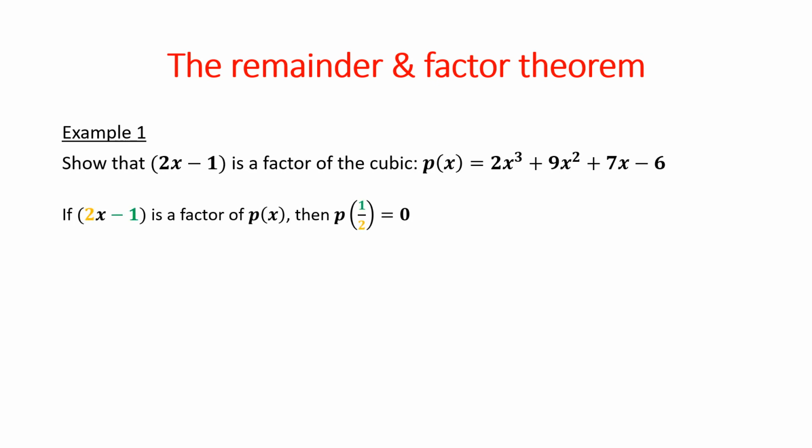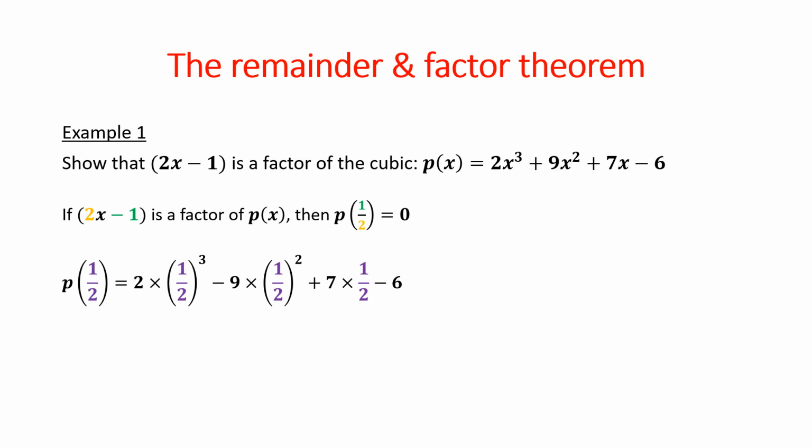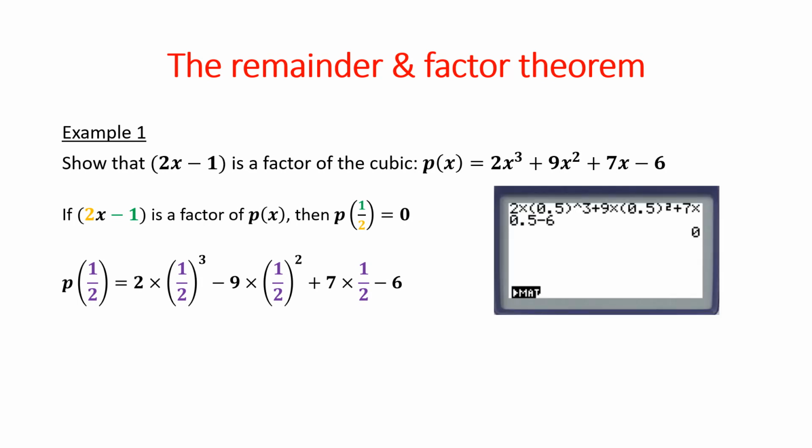Normally, if it was x minus 1, we would substitute plus 1 into the polynomial, but we also now have to divide by the 2 to get 1 over 2. I substitute half into the polynomial and I get a value of 0, which tells me that p of half is 0, so 2x minus 1 is indeed a factor of the polynomial. So I've finished the question, but I'm going to carry on from here.